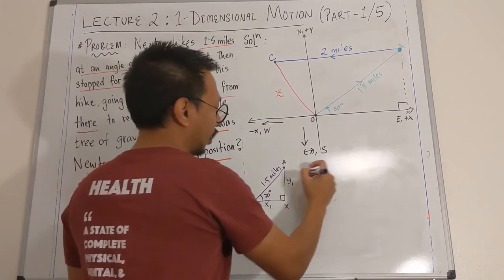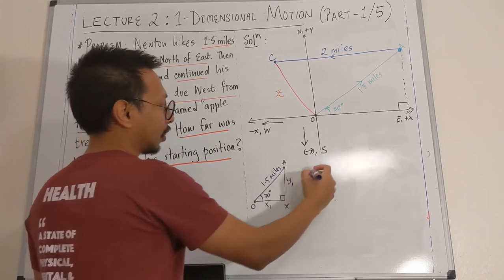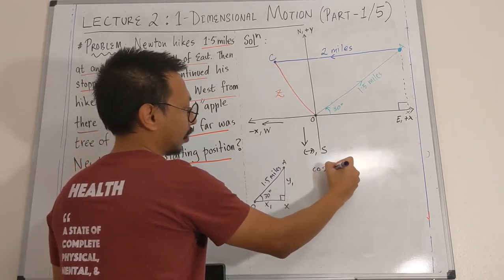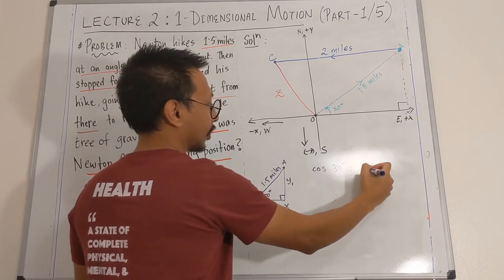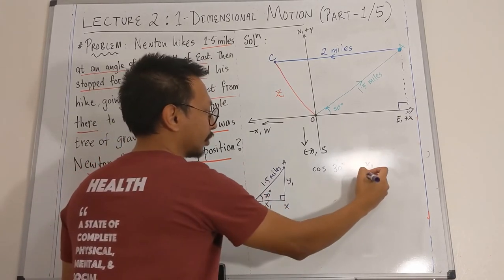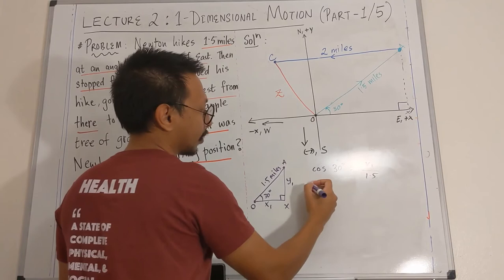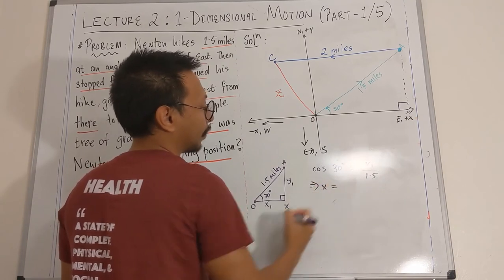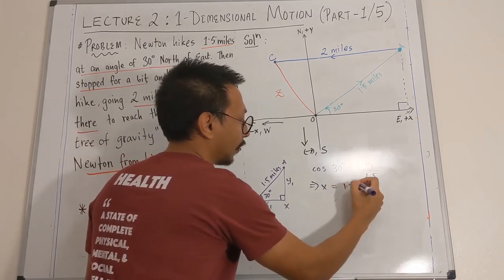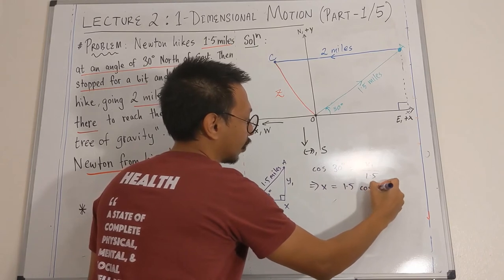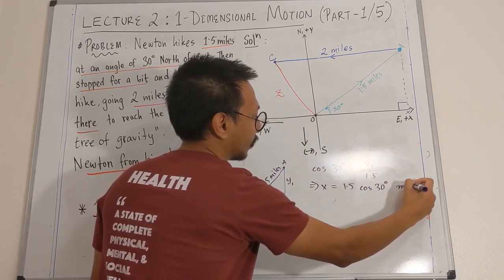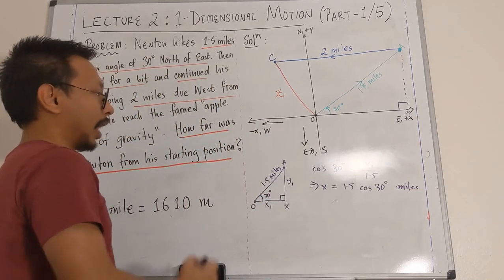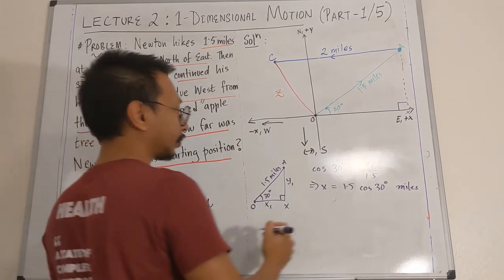So let's see x1. How do we find x1? x1 is just using cosine of 30 equals adjacent, which is x1, over hypotenuse, which is 1.5 miles. So x1 is 1.5 times cosine of 30 miles. Okay, how do we find y1?